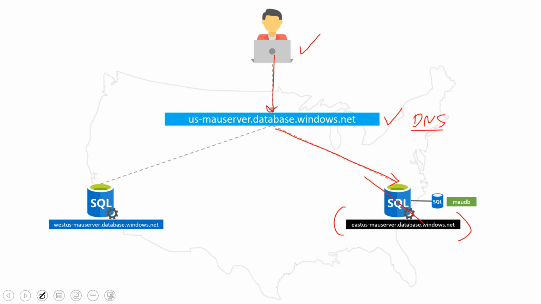If for some reason the primary server or the primary region goes down, the failover group is going to transfer the traffic to the secondary region in a transparent way. By using this mechanism, I never need to update the name of my entry point for my applications.